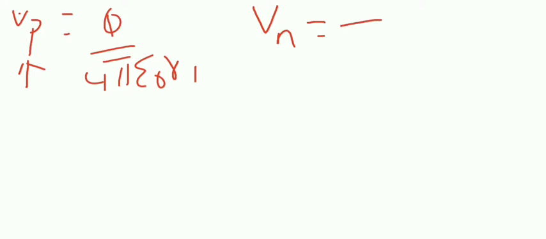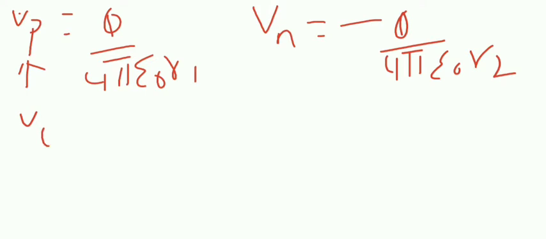For the negative charge it is minus Q divided by 4 pi epsilon naught R2. So what is my total potential then? V total is equal to, for both, Q by 4 pi epsilon naught is common.